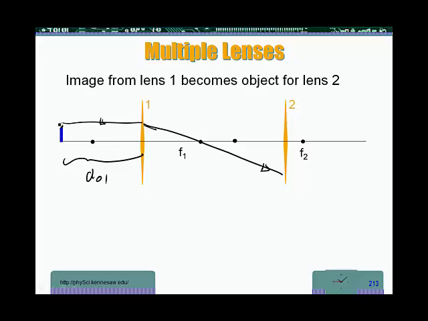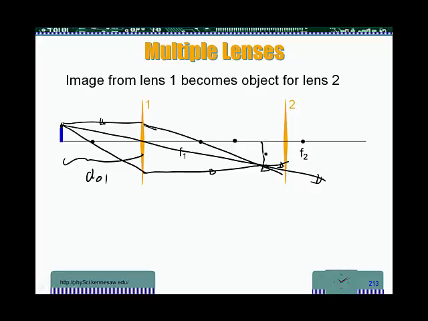And then one that's passing through the focal point here is going to come out parallel here. And then one passing through the center is going to continue on a straight line.